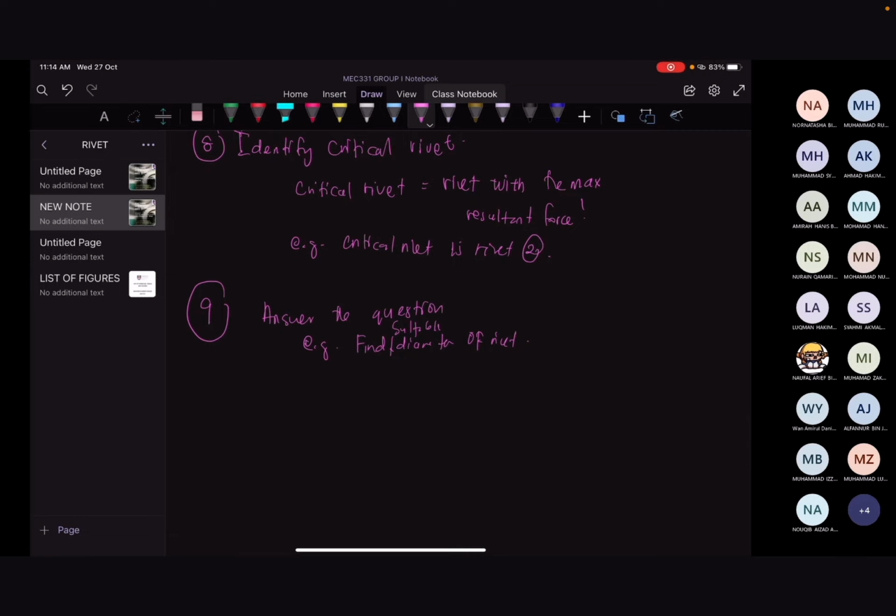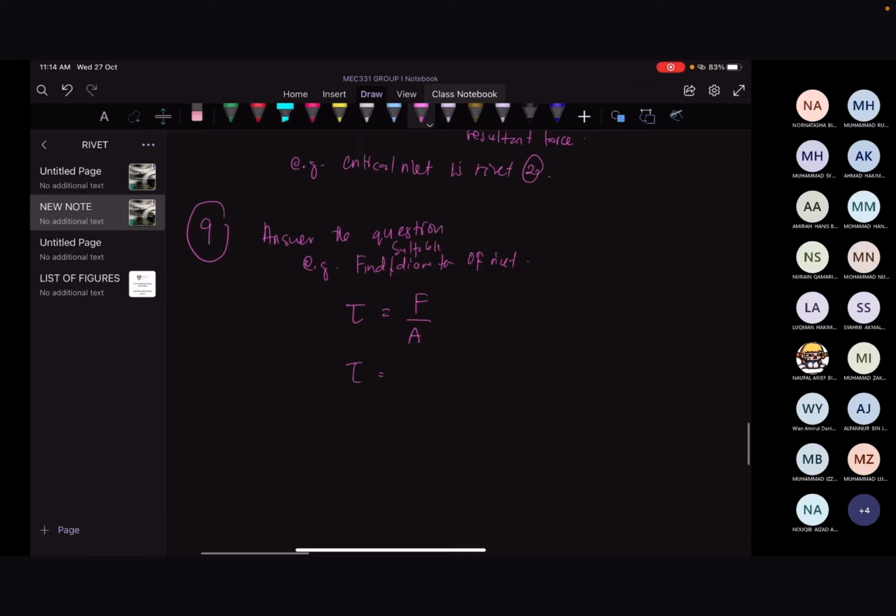From the formula, we know shear stress is equal to F over A. Then F here must be F shear, so I write V, so V over A, where A is pi d squared over 4.